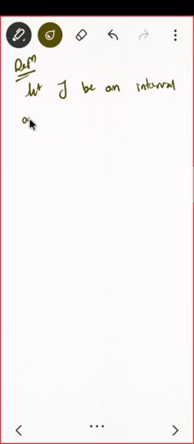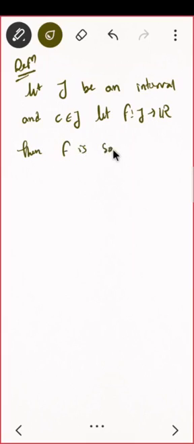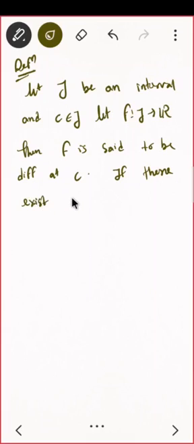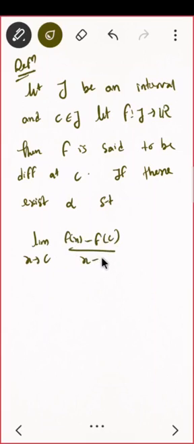Let J be an interval and c belongs to J. Let f be a function from J to R. Then f is said to be differentiable at c if there exists alpha such that the limit as x tends to c of f of x minus f of c upon x minus c is equal to alpha.